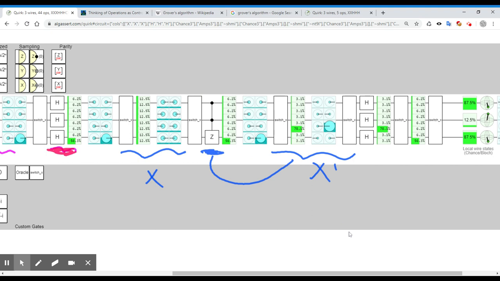So what's the effect on the X observable? Intuitively, why does it accumulate to 111? It accumulates, sorry, to 101.